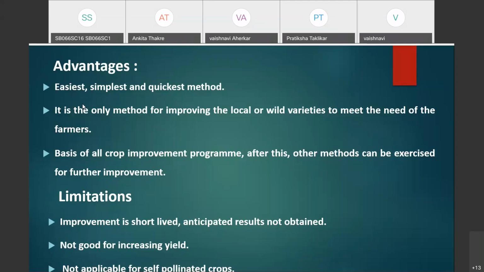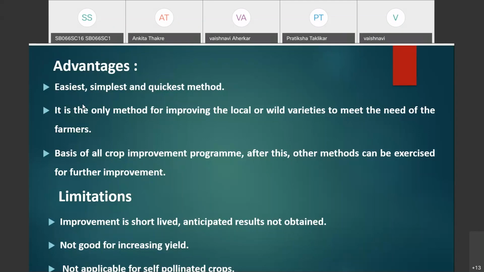That means these are not having more genetic variation. Okay, and the cross pollinated crops are heterozygous, and these are naturally genetically variable, and that's why this method is applicable only for the improvement of the cross pollinated crops, and this method cannot be used for the improvement of the self pollinated crops.